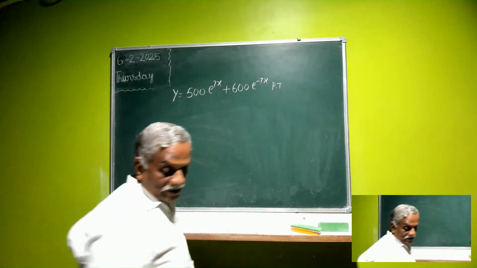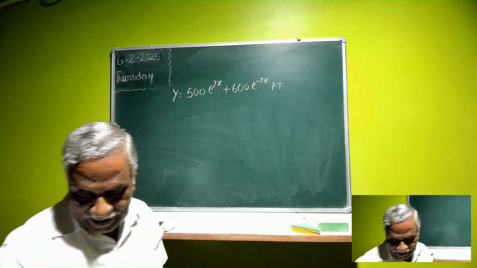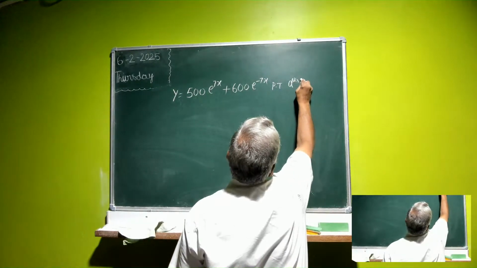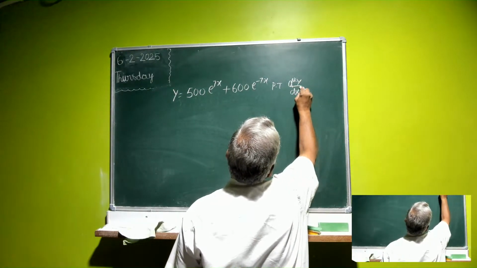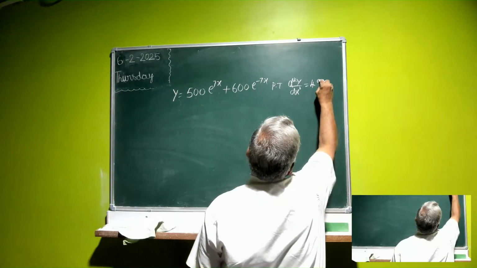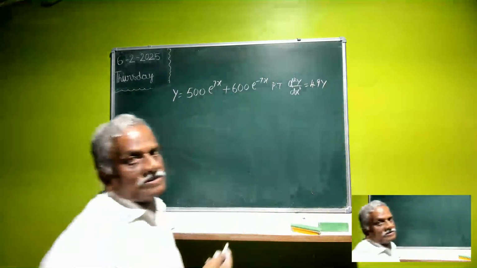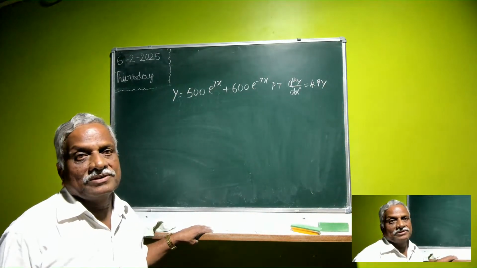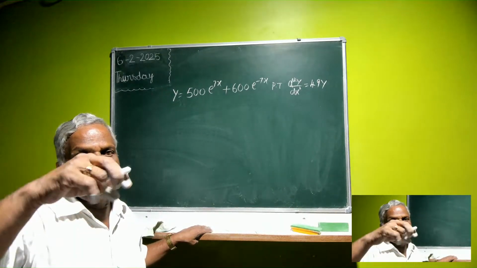Prove that d square y by dx square equals 49y. By working this problem here, I am saving time and doing the examination problem.